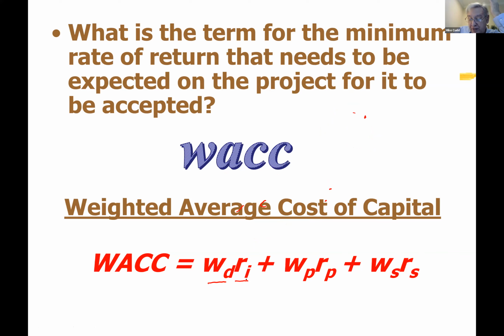We also call that the component cost of debt, plus the weight for preferred times the component cost of preferred, plus the weight for equity times the component cost of equity. The weights represent how much of our money we get from each source. The R sub I, the R sub P, the R sub S, those represent the required rate of return on each source.